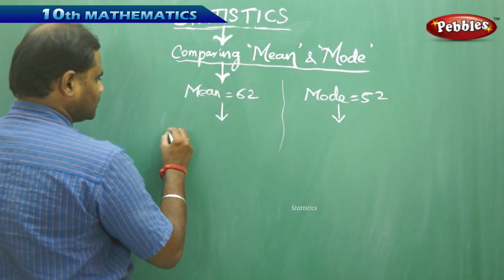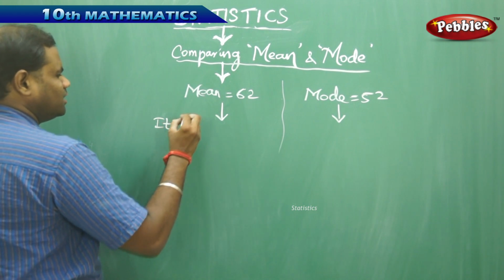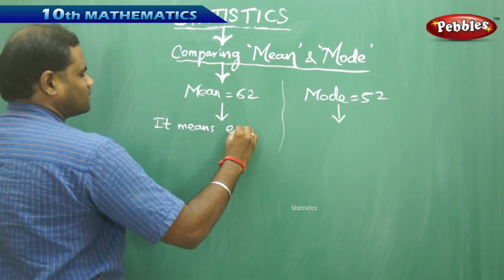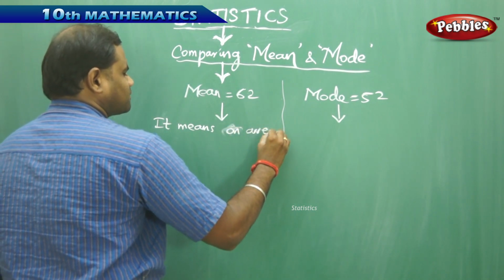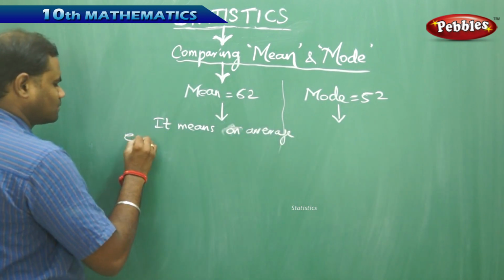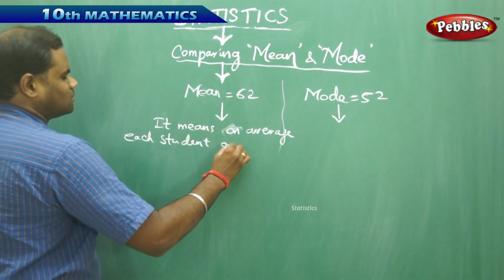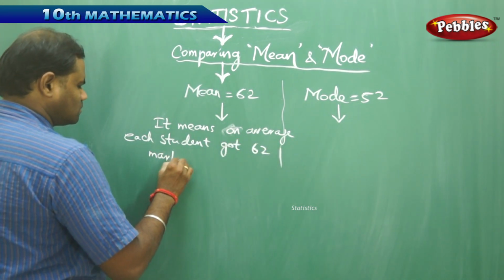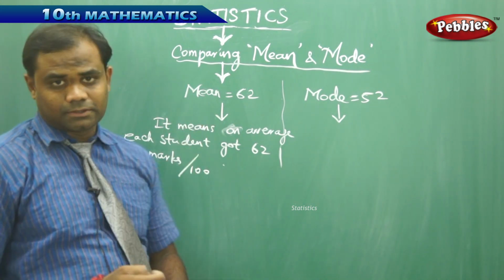Therefore, mean equal to 62 means on average each student got 62 marks out of 100 in mathematics.